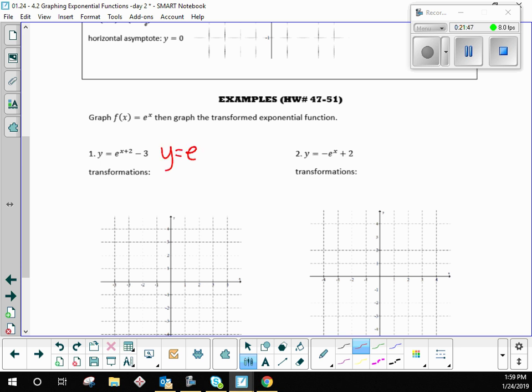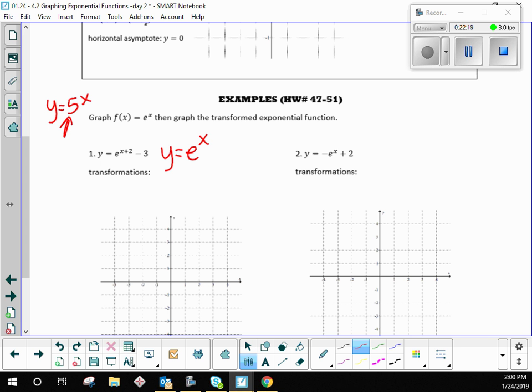I want to bring this up in talking about yesterday's stuff, because yesterday's stuff had actual numbers for bases, like literal numbers. This is not a stretch by 5. That 5 and that e are not a values. So these work a little differently. We're used to, if there's a number out front, it's some kind of stretch or compression.